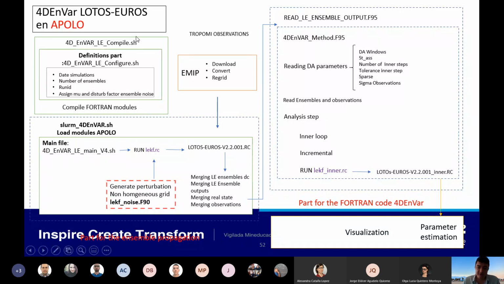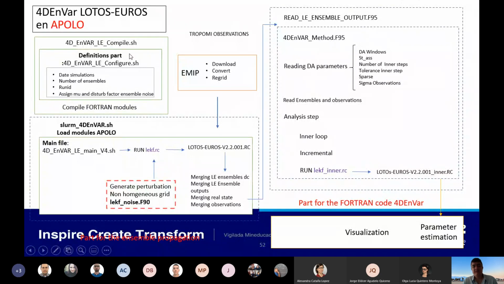It has some drawbacks because the model, as you know, is a compiled model. So you have to compile each one of the changes made in Apollo. You can compile in Apollo in your local environment, but you cannot compile in the run. So I have to split the parts: one in a compilation scenario and the other in the run scenario.